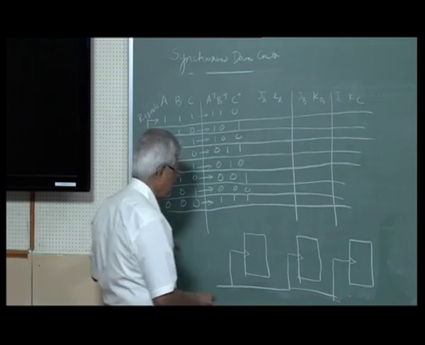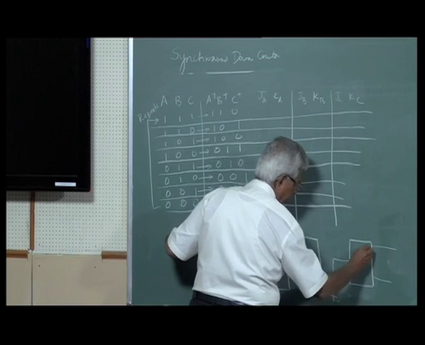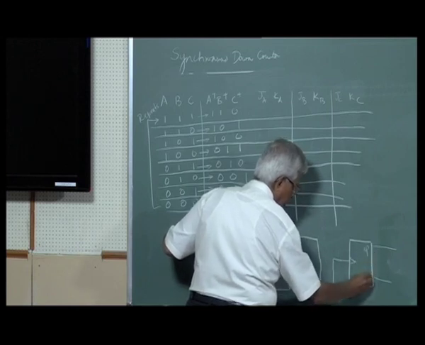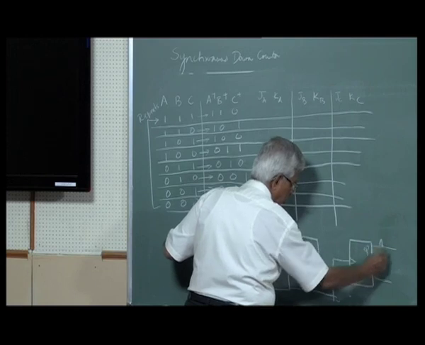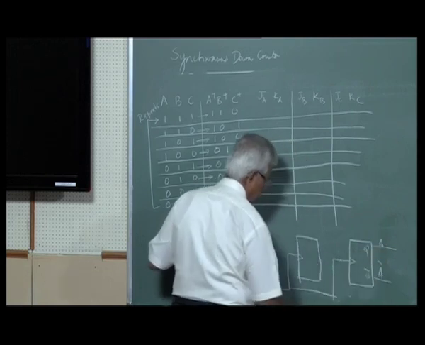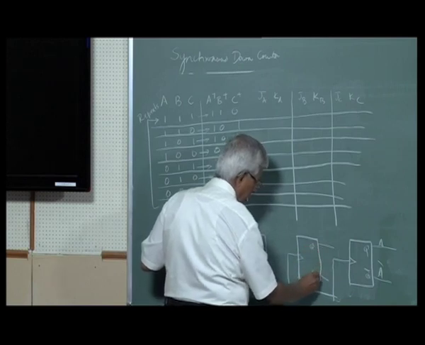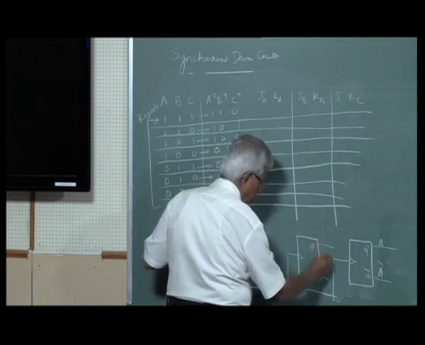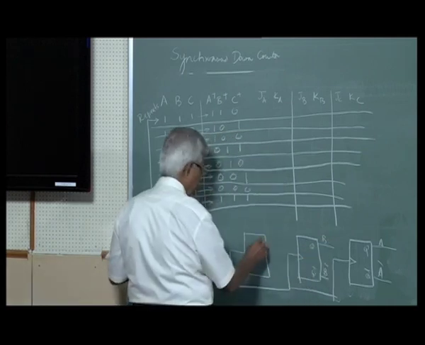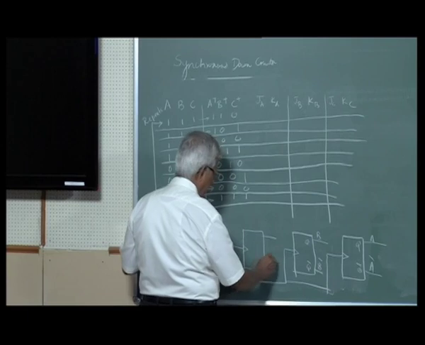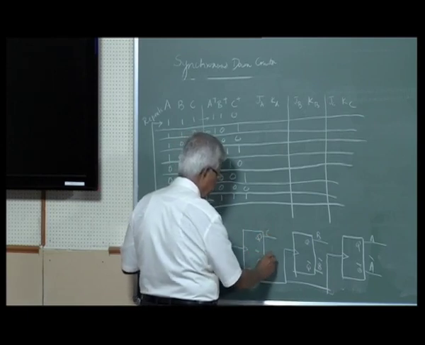You want to call this JA, Q, Q bar is A, A bar. This is Q, Q bar, B, B bar, C, Q, Q bar is C, C bar.